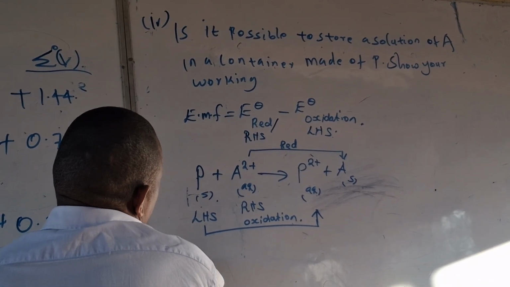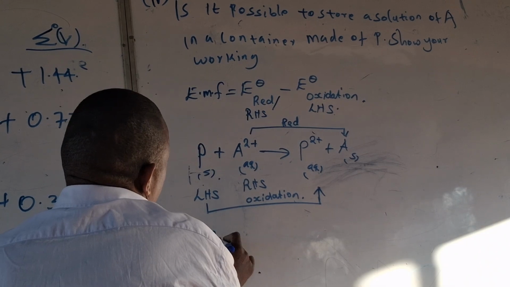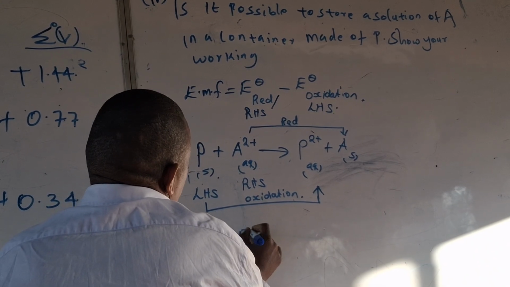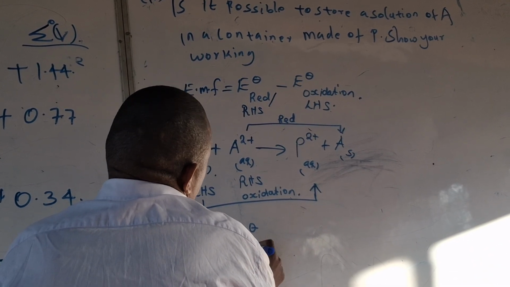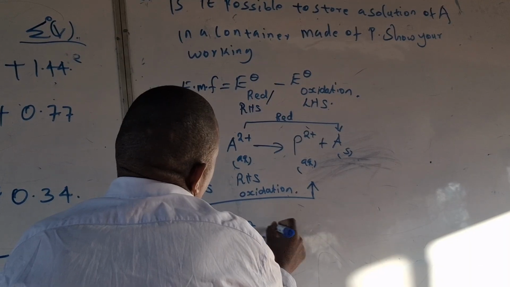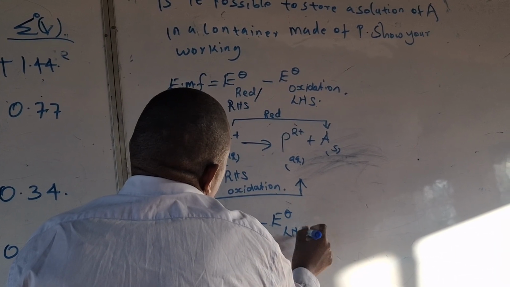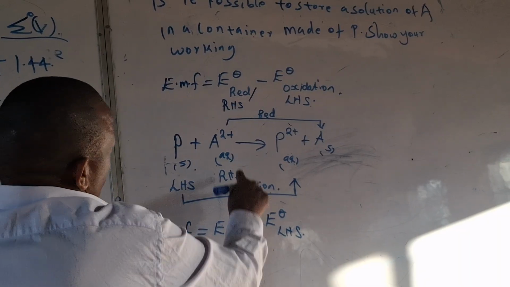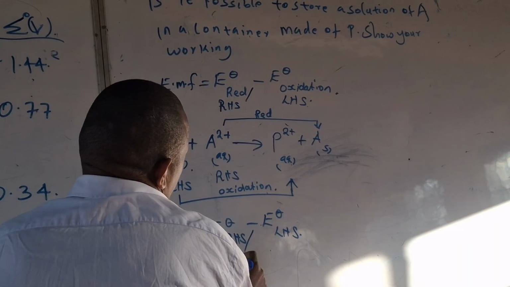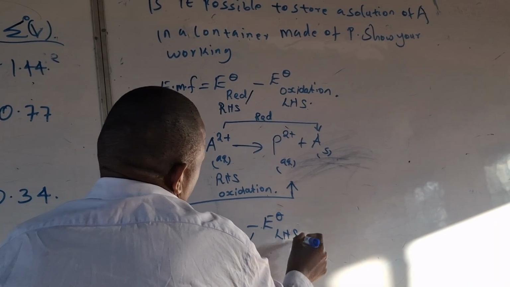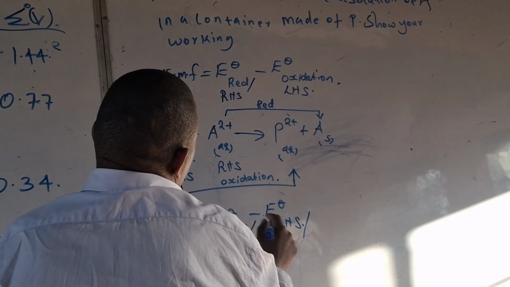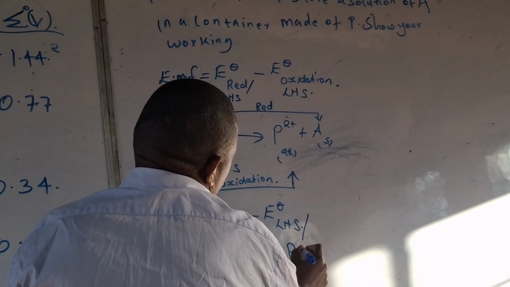Now, how are we going to calculate the EMF? EMF is equal to E standard right hand side less E standard left hand side. Now right hand side we have A. So this one is the E standard of A. Then left hand side is the E standard of P.